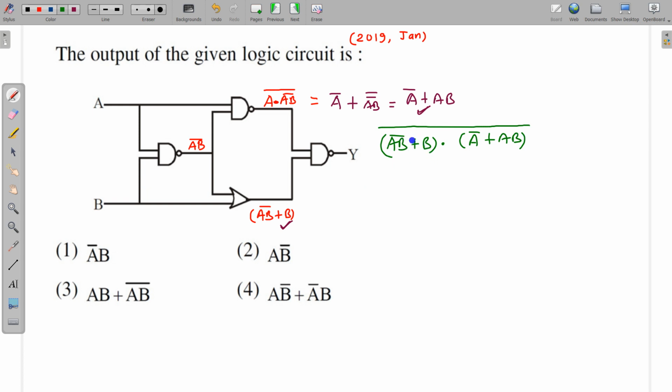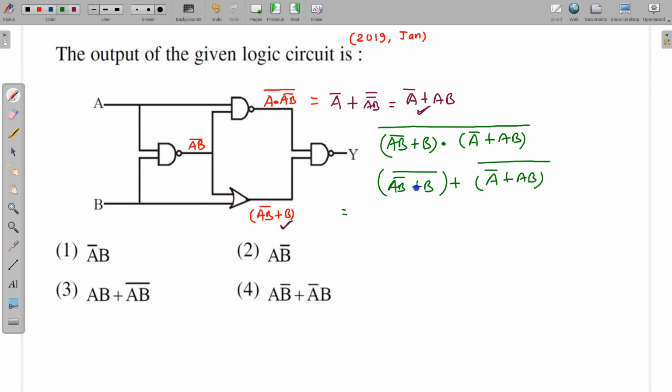Now this AND we can convert into OR. So let us put a bar over it: AB bar plus B and whole bar, plus A bar plus AB, A bar plus AB and a bar over it.